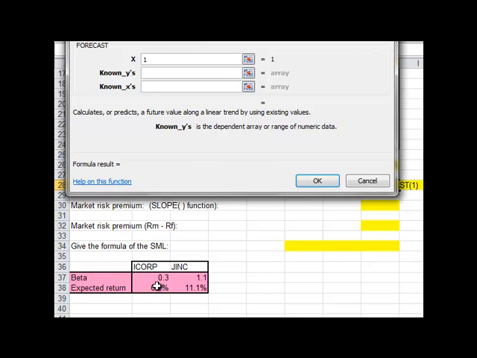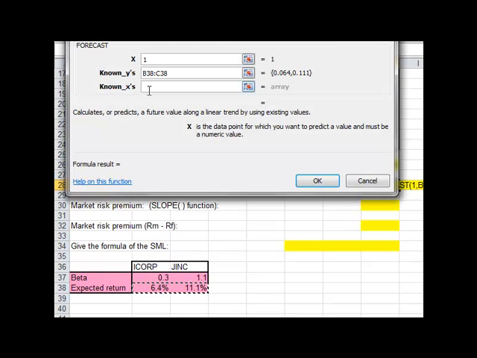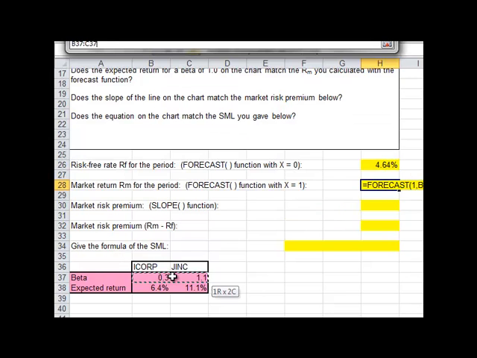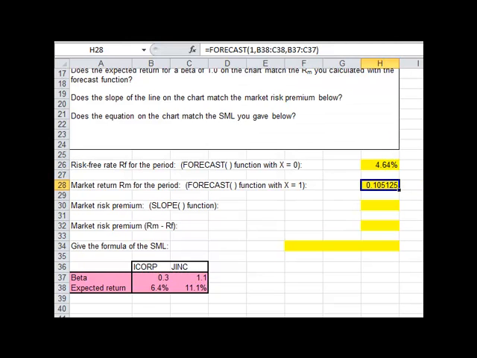Well, once again, those are my expected rates of return for iCorp and Jink. And the values for X are the betas. I'm going to click OK and format that as a percent. I come up with a market return of 10.51%.